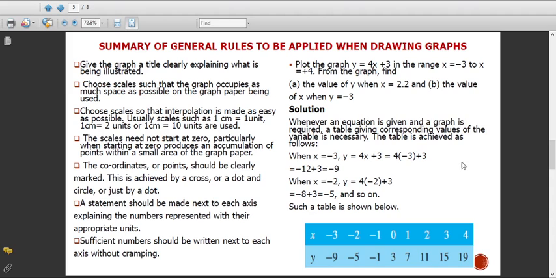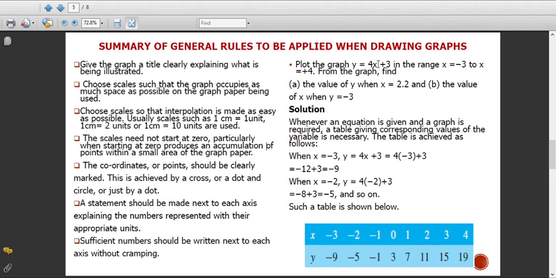You do the same up to the last value, which in this case is 4. When we replace x with 4, we multiply 4 times 4, which gives us 16.